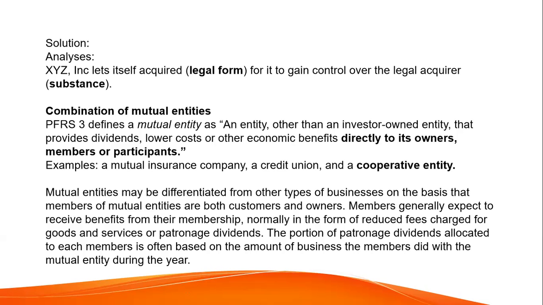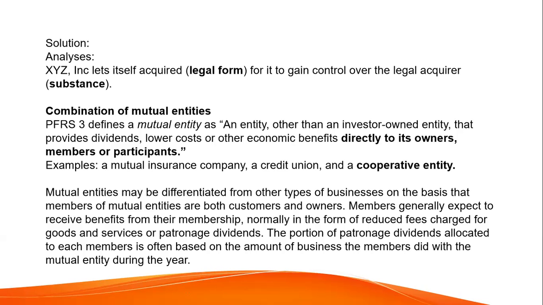If the business combination had taken the form of XYZ issuing additional ordinary shares to ABC shareholders, XYZ would have had to issue 2,000 shares for the ratio of ownership interest in the combined entity to be the same.